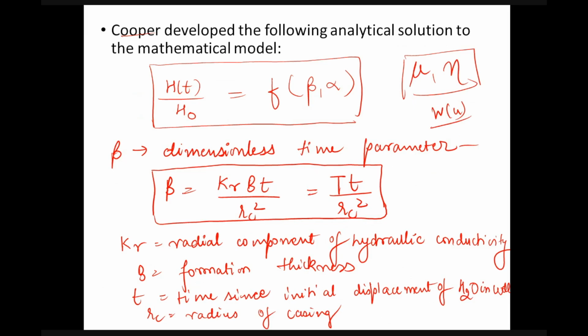So this beta is given by K_r b t divided by r_c squared. Here K_r is the radial component of the hydraulic conductivity, b is the formation thickness, t is the time since the initial displacement of water in the well, and r_c is the radius of the casing. So this hydraulic conductivity times thickness, we can write as transmissivity. So this equation becomes T t divided by r_c squared: transmissivity times time divided by the radius of the casing squared.